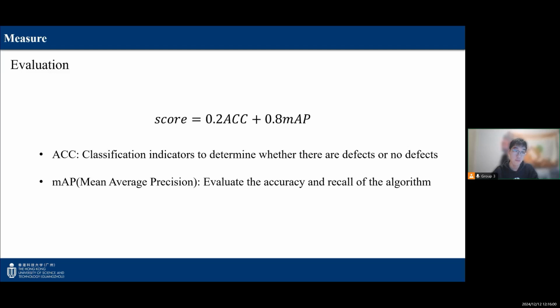The mAP stands for the mean average precision, which evaluates the precision and the recall of the algorithm. We add them together with weights to calculate the evaluation score of the algorithm.